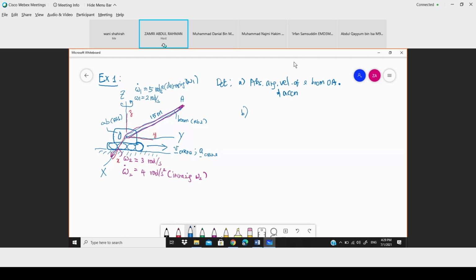Part B, we would like to find the absolute velocity and acceleration of tip A on the boom.